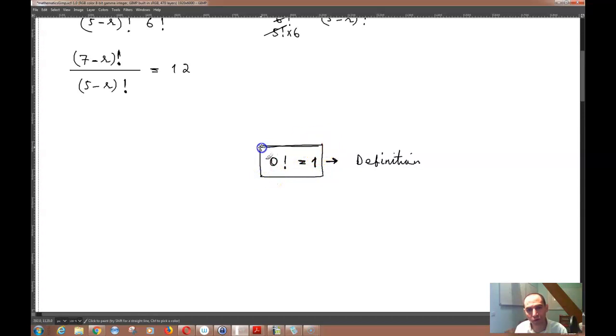They have defined it to have this value. So these definitions you need to accept in mathematics, and also there are basic things that are always important.